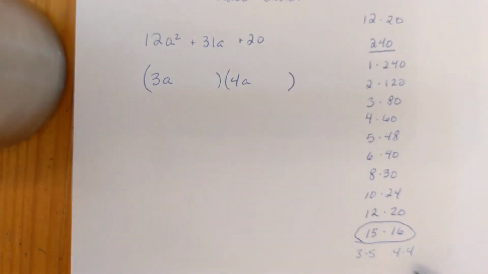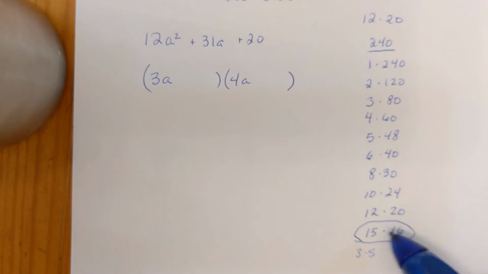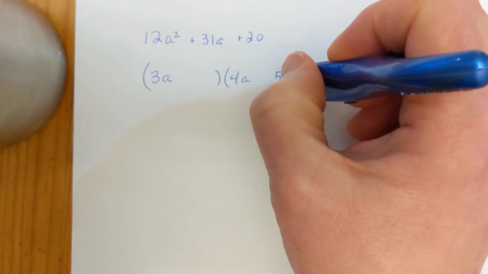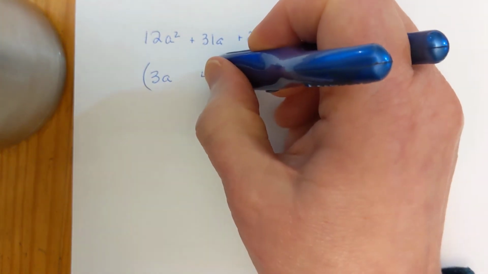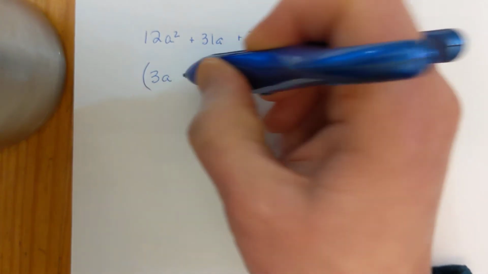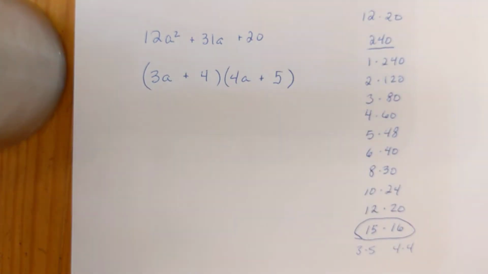And then I had 5 times 4. I need to multiply to 20. I need it 3 times 5, so 3 times 5. The 5 has to come over here. The 4 has to go there. These are both plus.